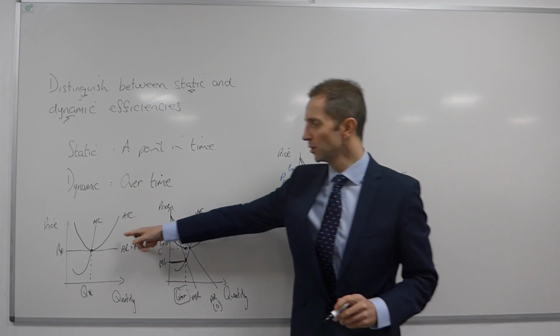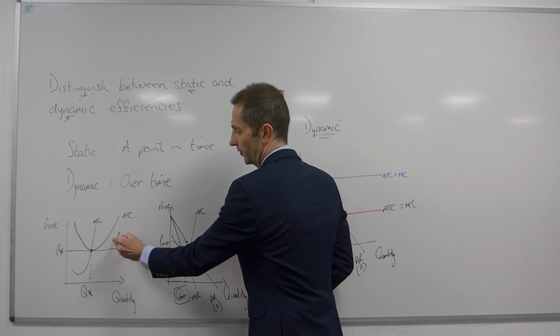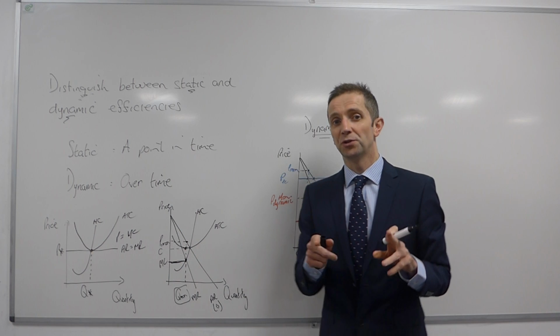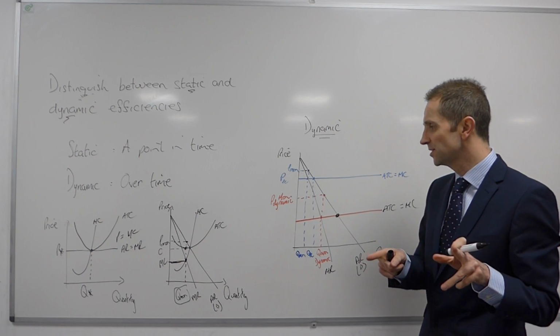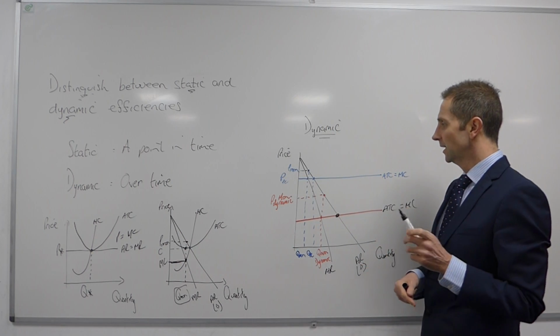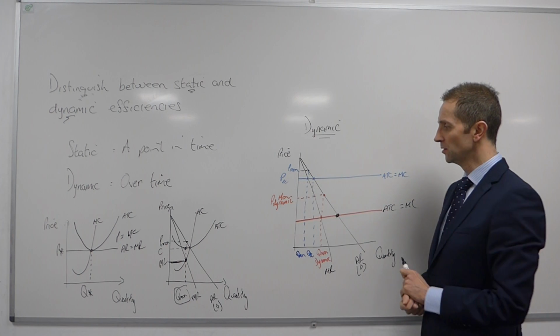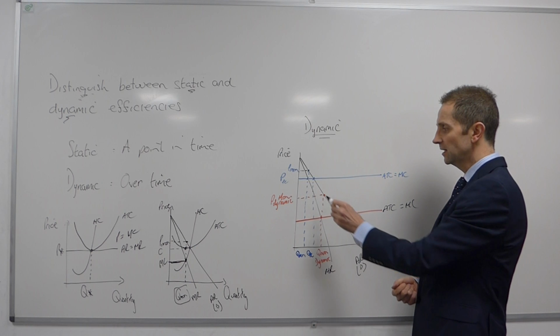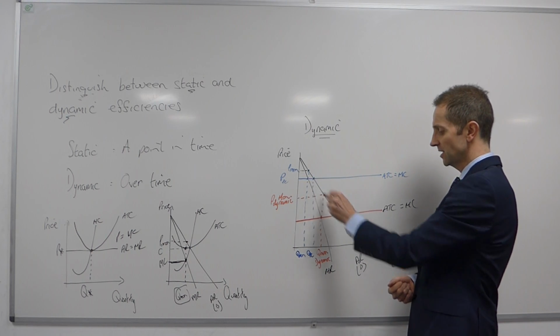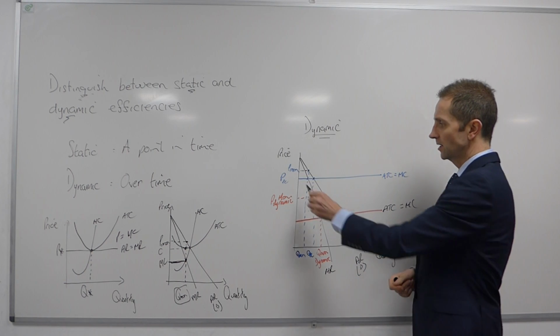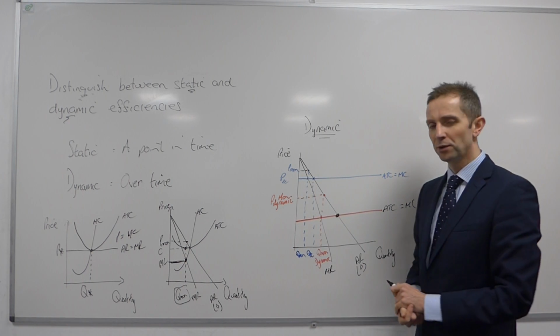For simplicity, I'm assuming that average total cost equals marginal cost in both of these curves. I haven't written it there, but that's what I'm assuming. It just keeps the diagram nice and simple. You'll remember that the perfectly competitive firm produces at an output where P equals MC. So if we take, first of all, the higher cost curve, the blue line, P equals MC right there, where MC crosses the demand curve, which gives us that price and that level of output.